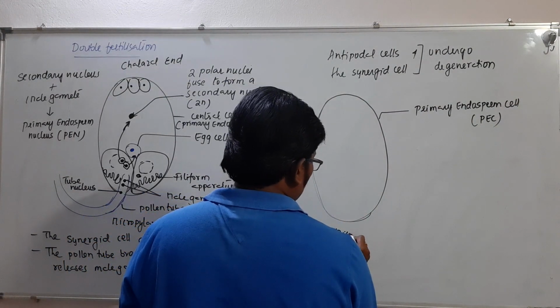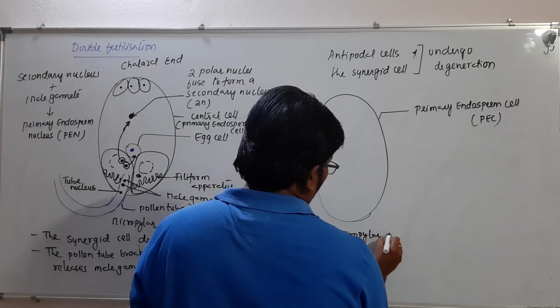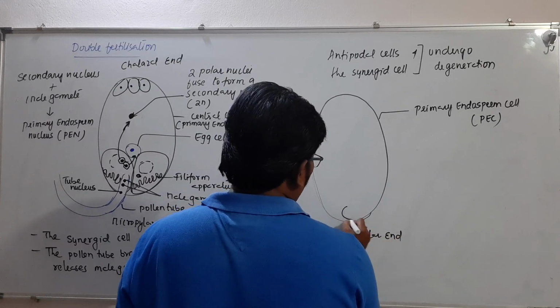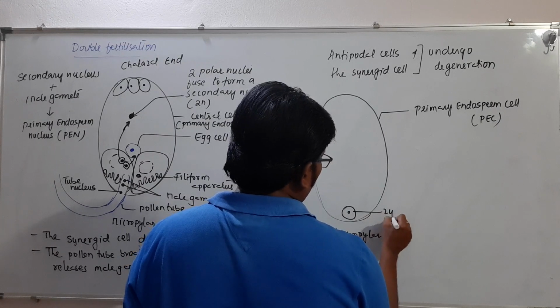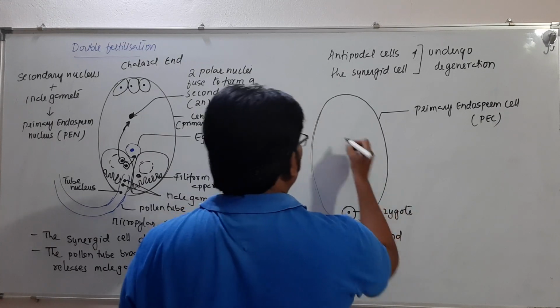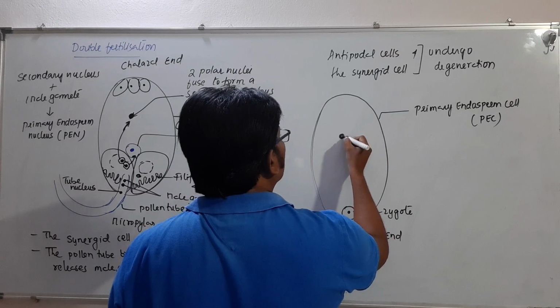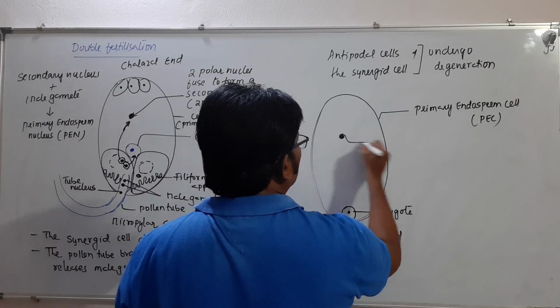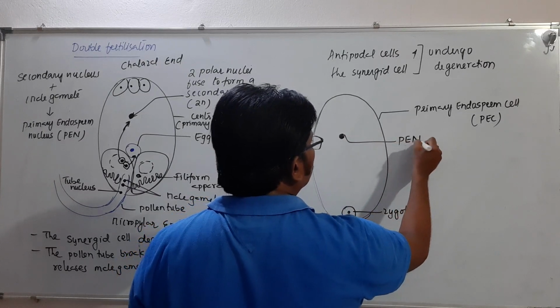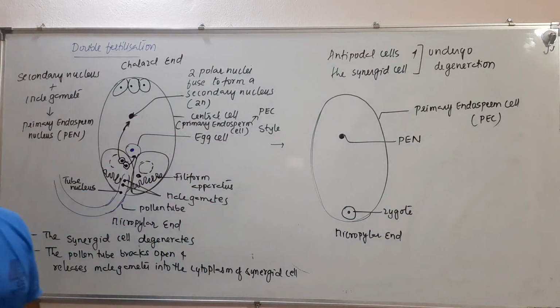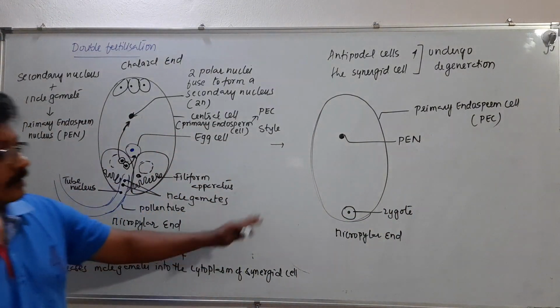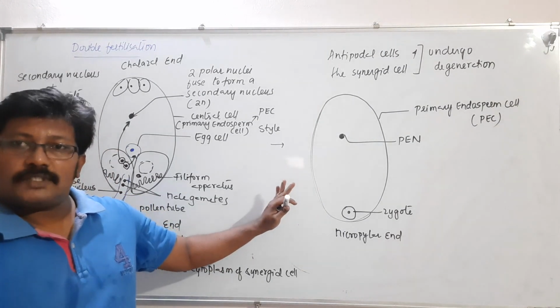Towards the micropylar end there will be the zygote, and here you will find the primary endosperm nucleus. This is after fertilization.